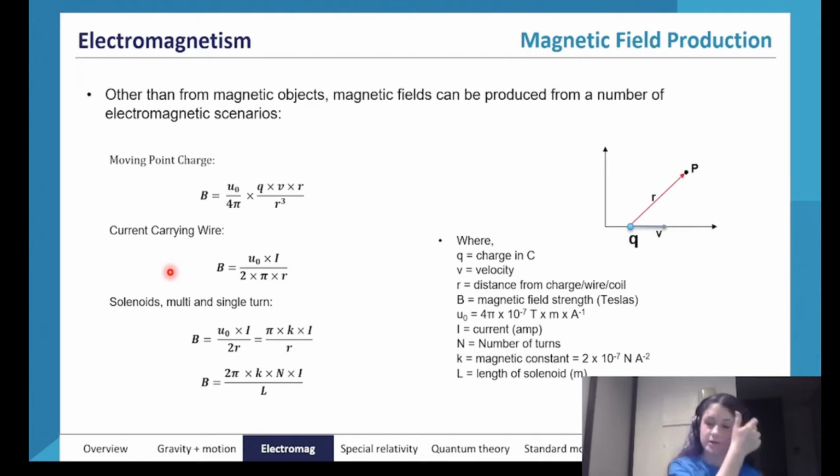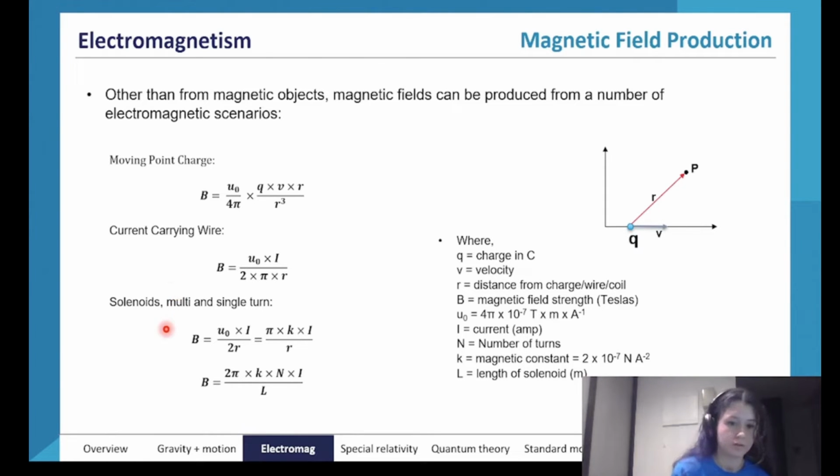So this is going to tell us the strength of the field at a particular point away from the wire, and our particular point is going to be our radius. It's going to tell us how far away we are from the wire.